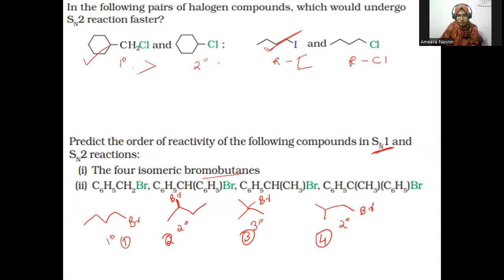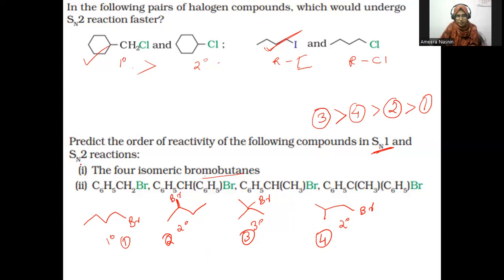So if you are talking about SN1 reaction, we know that tertiary carbocation is much more stable. So the third molecule will react faster. Then we have two secondary molecules, and of these two, this fourth one will react faster, and then the second one, and then the first one, which is primary in nature.